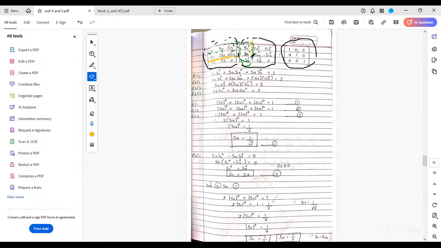What is column 2? This is column 2. These two are multiplied. This is mentioned in row 2, column 2. Then row 3, column 3, and R3, C1. In the same way we multiplied, and wrote this in terms of modulus. The same three equations are written as equations 1, 2, 3.